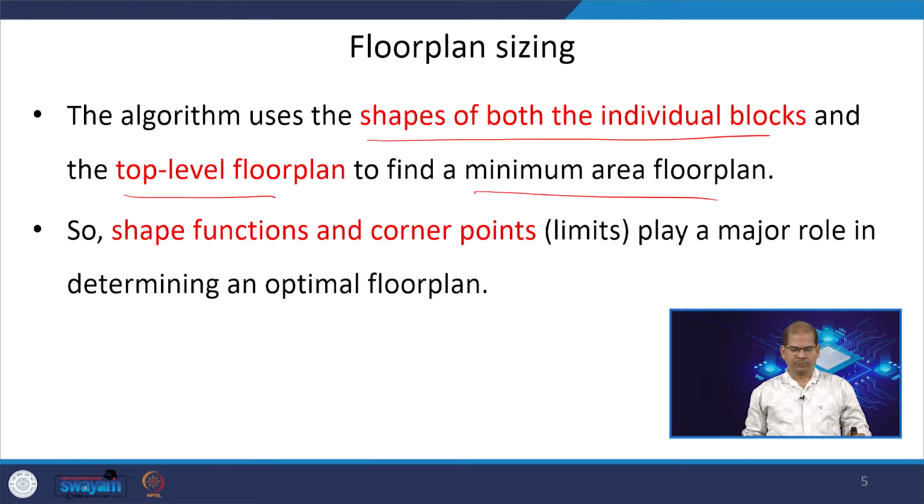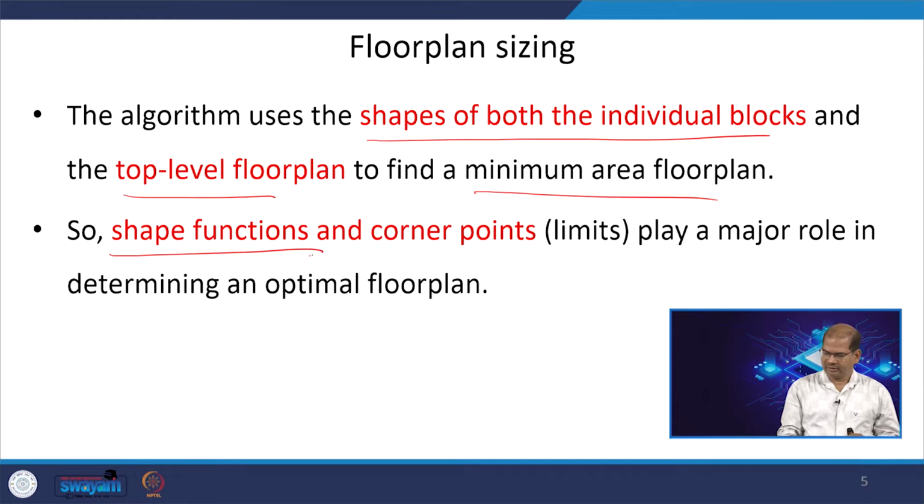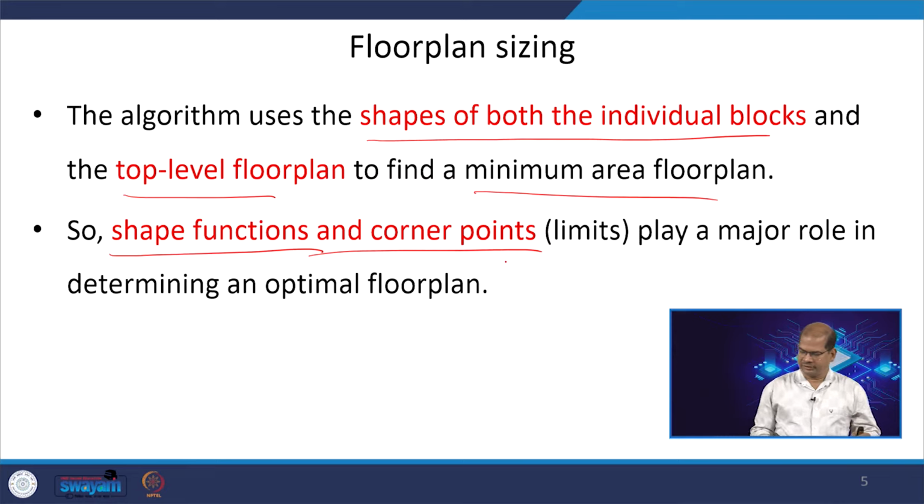The individual block dimensions are given, which are used to minimize the total area. There is a shape function and corner points which are used to determine the optimal floor plan.